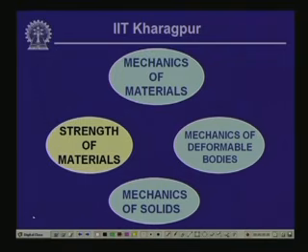We look into what we really mean by design. When we try to arrive at a particular size of a member, we need to know how it deforms, or what is the effect of the external load on that member internally, and these aspects are dealt with in the subject which we call mechanics of materials. It may also be called strength of materials, or mechanics of deformable bodies, or mechanics of solids.